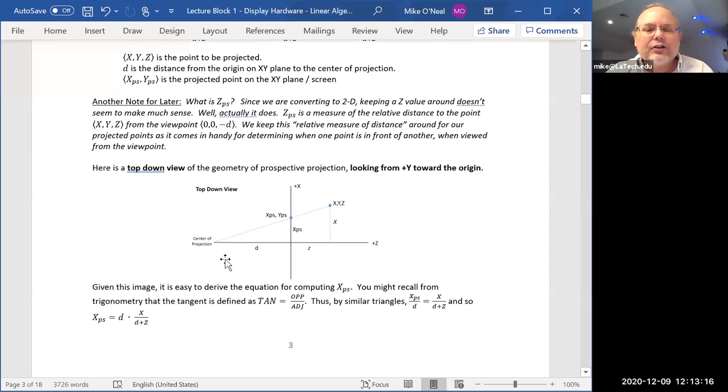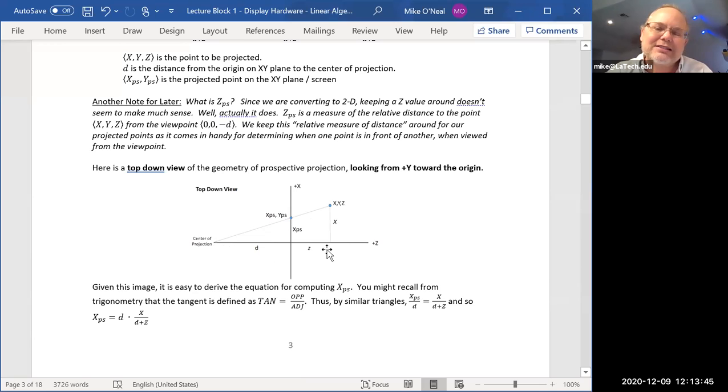So the tangent is the opposite over the adjacent. So one way of getting the tangent of this angle is this distance over D. Another way of getting that same tangent is X over D plus Z. It's the same, by similar triangles.